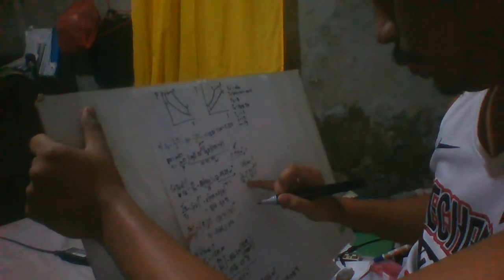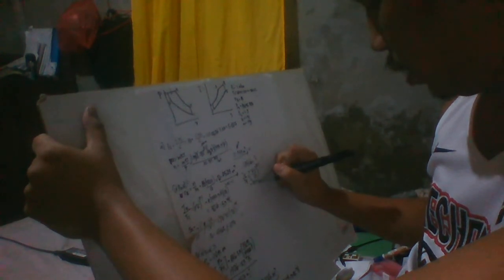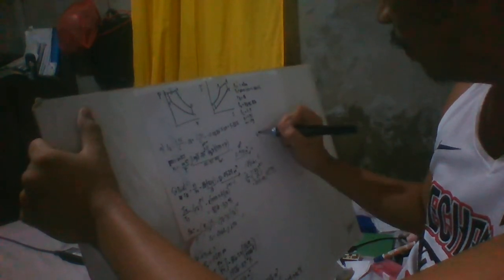So substituting, temperature 4, which is 2109.345 times V4, which is 0.0786, over V5.